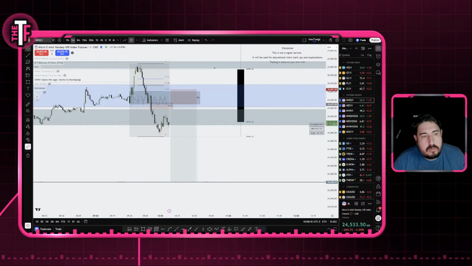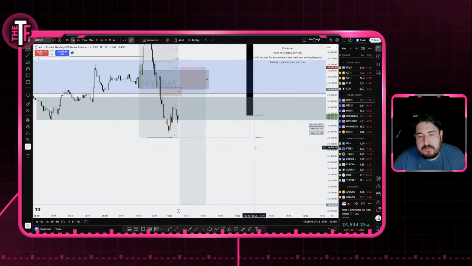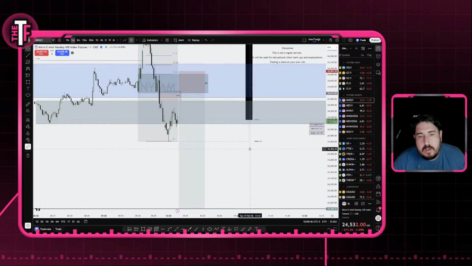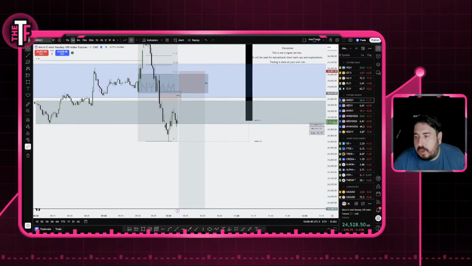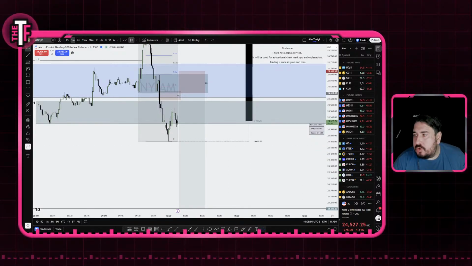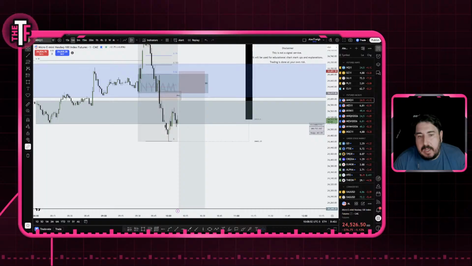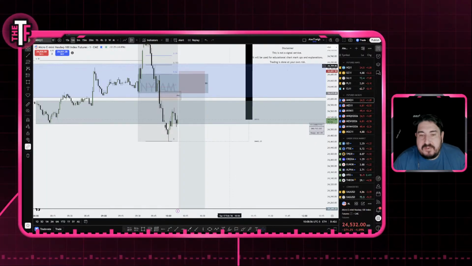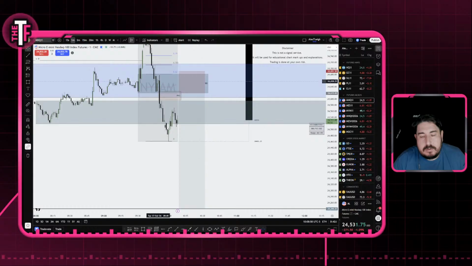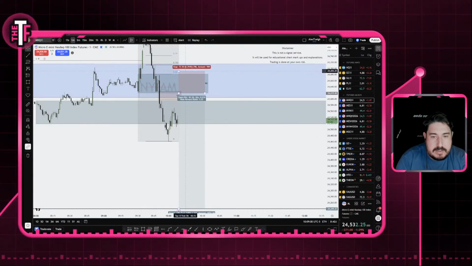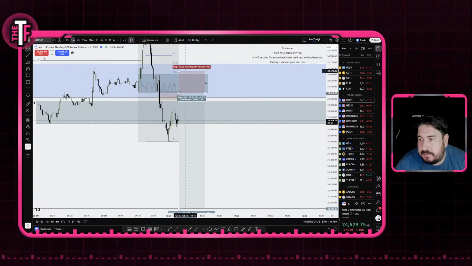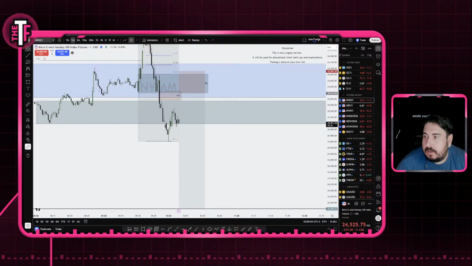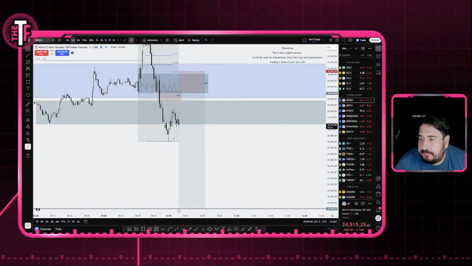So we are bearish for the day, searching for our continuation. Who knows? We can be lucky and everything go to our plan and take a really nice short. Let's see what's going on.